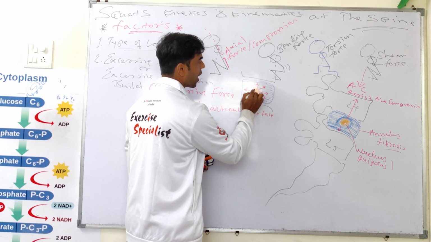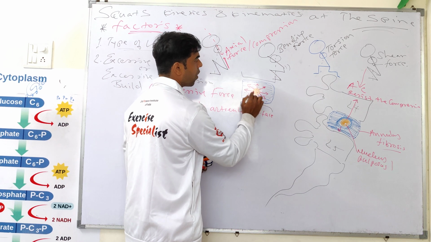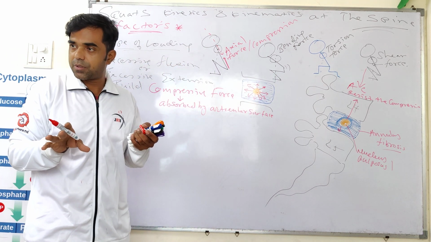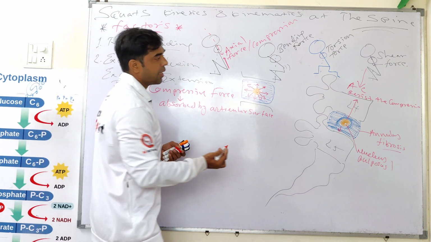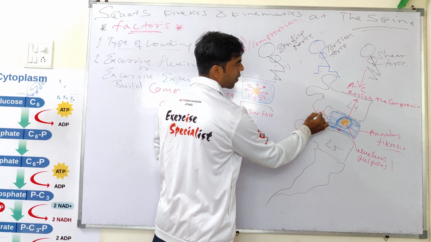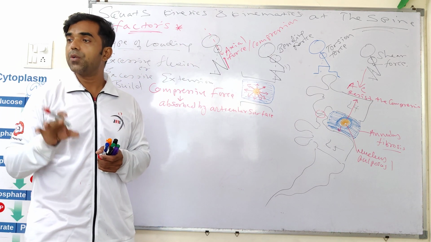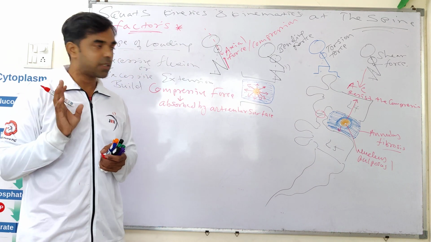This is the articular surface which is going to absorb the force and diminish the force. Along with that, this facet joint also will help to some degree to absorb or reduce the compressive load, right?